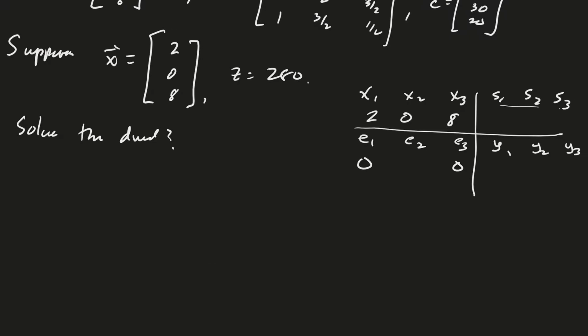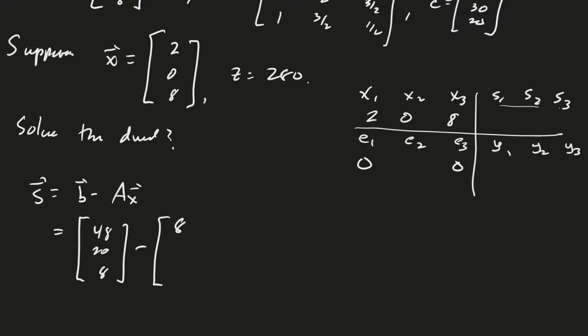Now I need some information about the s's and the y's here. Remember that the slack variables are b minus Ax. In this case, that's 48, 20, 8 minus this matrix here, 8, 6, 1, 4, 2, 3 halves, 2, 3 halves, 1 half, times our x, 2, 0, 8.